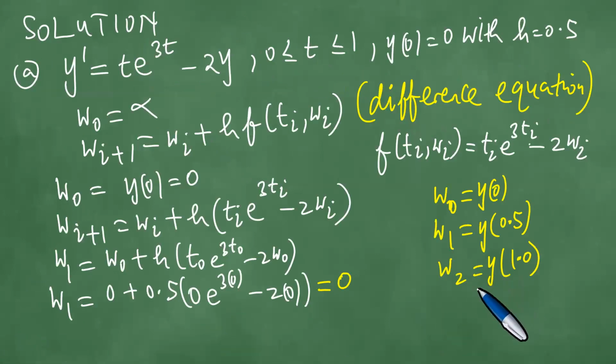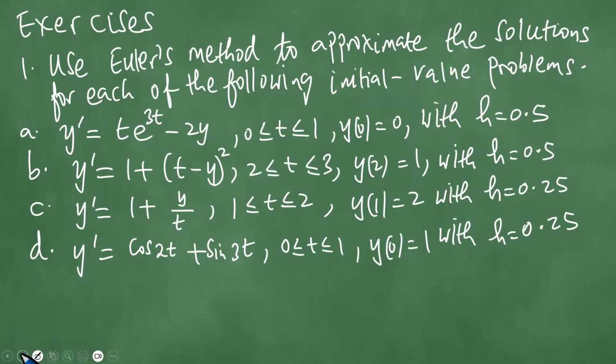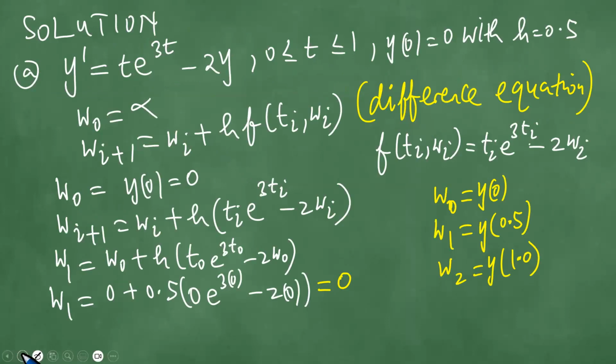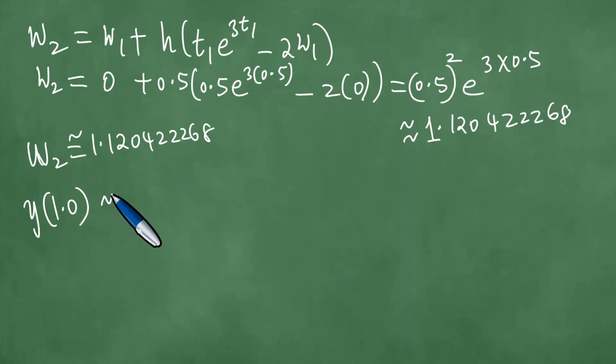Now, okay, we have seen, so now I want us to just go back. So W2 is what estimates 1.0. Which means it is 1.0. Okay, it estimates W2.